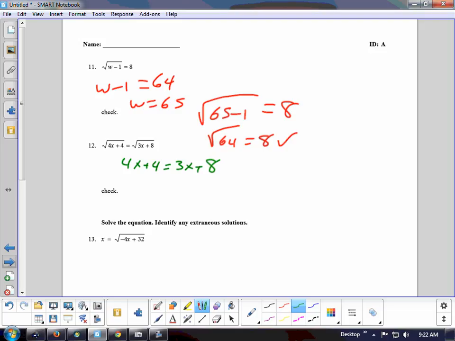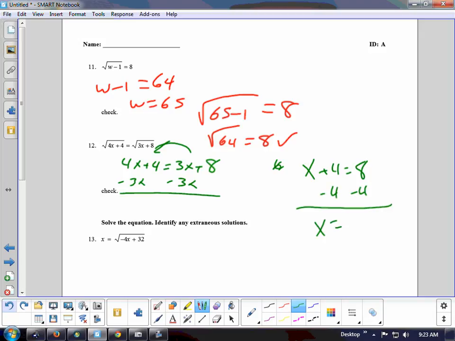So bring the 3x over this way. Minus 3x, minus 3x. My new problem is going to be x plus 4 equals 8. Subtract 4. I got x equals 4. But does it check?